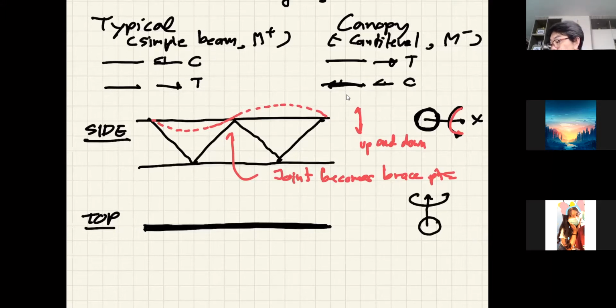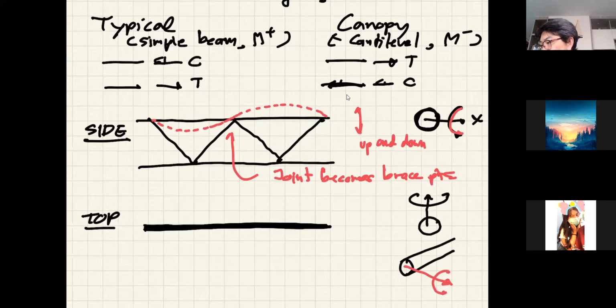So when the buckling occurs about the vertical axis, or maybe I try to do it in 3D, if it helps you. If you look at this member, the axis for the buckling of the side view is this axis, correct? When it rotates like this, your member will dance up and down.